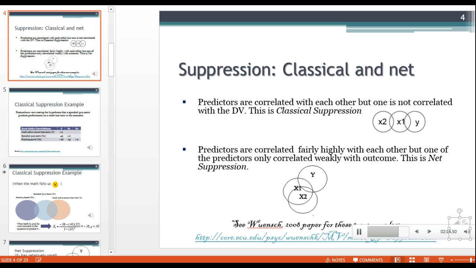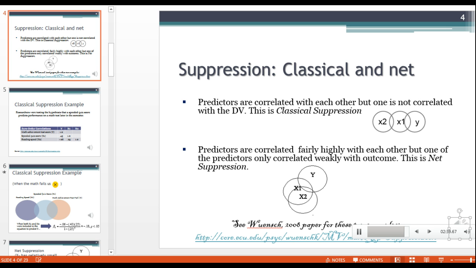The second kind of suppression is called net suppression, and it is depicted in the relationships in the second Venn diagram. We have a DV, and we have x1 correlated with it to a moderate degree, but then we have a big correlation shared between x1 and x2, but x2 only shares a tiny bit of variance with the DV. So it's like classical suppression, but not quite as severe.